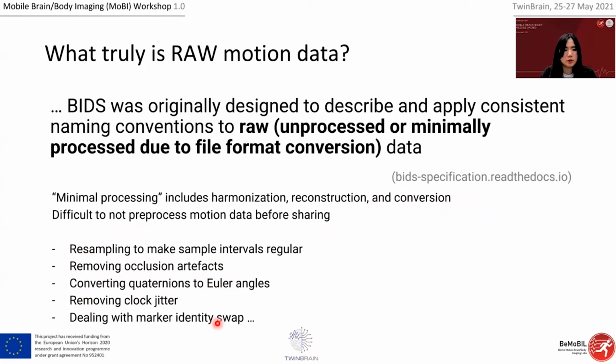And in some systems which have markers assigned to multiple individuals, the identities of these people can be swapped if you're using some software to do this already at data collection. And if you have multiple markers present, the identities of these markers can also be swapped. And it's best when you deal with this before you share the data.